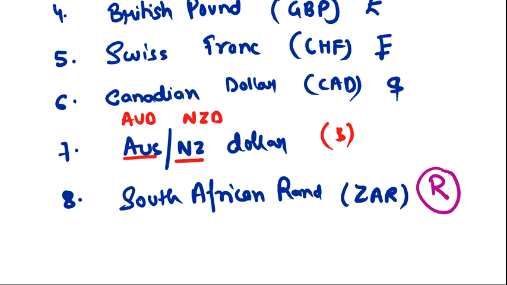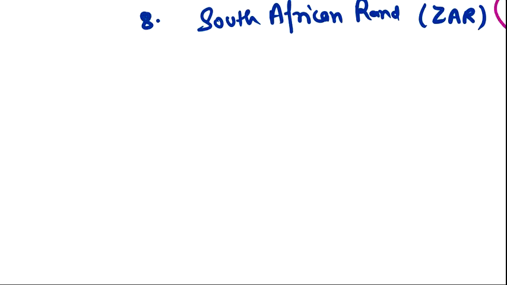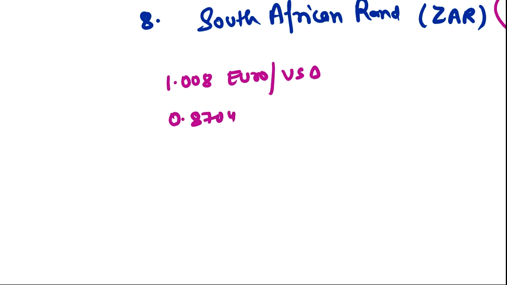So now if I tell you some of the data: 1.008 euro per USD. Then 0.8704 British pound, GBP per USD. Clear?